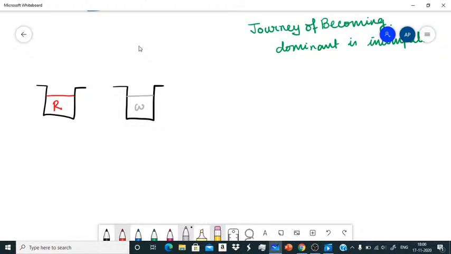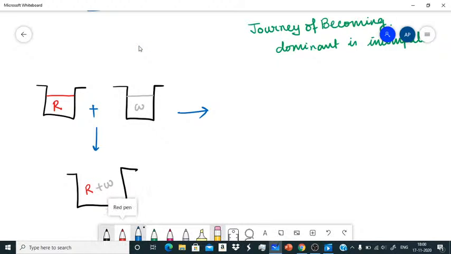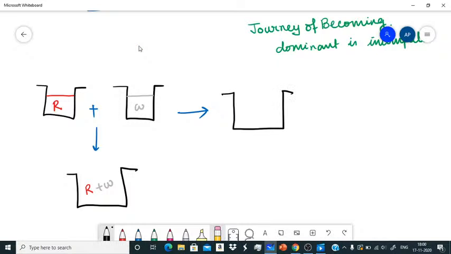Now, when I mix these two cans, if they give me a paint where we have red and white alternatively, like a 2-in-1 ice cream that we get in the ice cream shops, or a polka dot kind of pattern, dots of red in white or dots of white in red, a red plus white situation, that can be one case. Another case, it can be a can full of pink color, right? It will be pink.